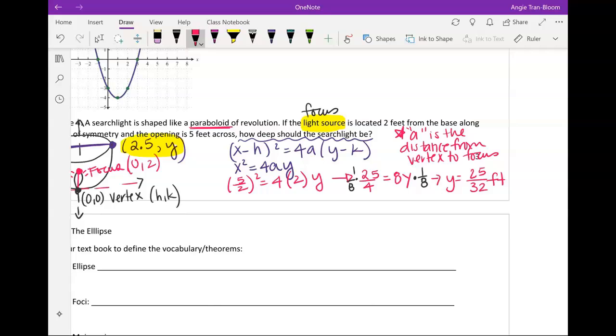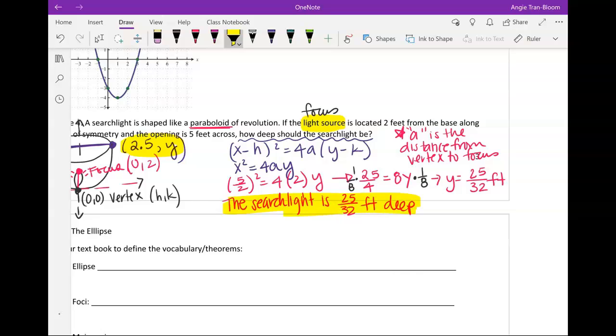So the searchlight is 25 over 32 feet deep. When you can, I do prefer the simplest exact answer. All right, and that's it. That's all we're looking for.